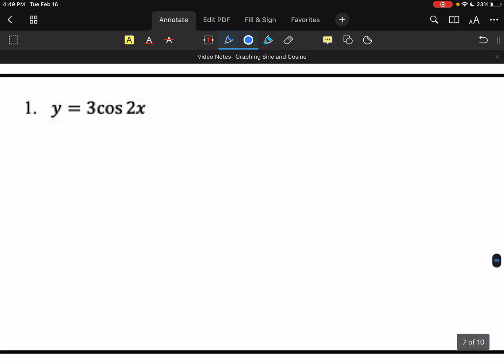So using our acronym, MAPPI. I always like to put a little H with the first P, so I remember that that's the phase shift. Identify your A, B, C, and D. So A is 3, B is 2, C is 0, D is 0.